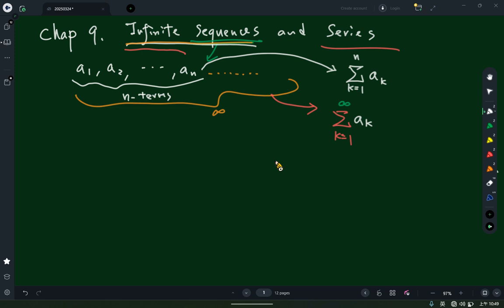Okay, so in chapter 9, we will be talking about these. Of course, there are some properties we need to discuss, because for infinite sequences or infinite series, we always need to check if the sequence is convergent or divergent, because it is discussing an infinite number of terms.